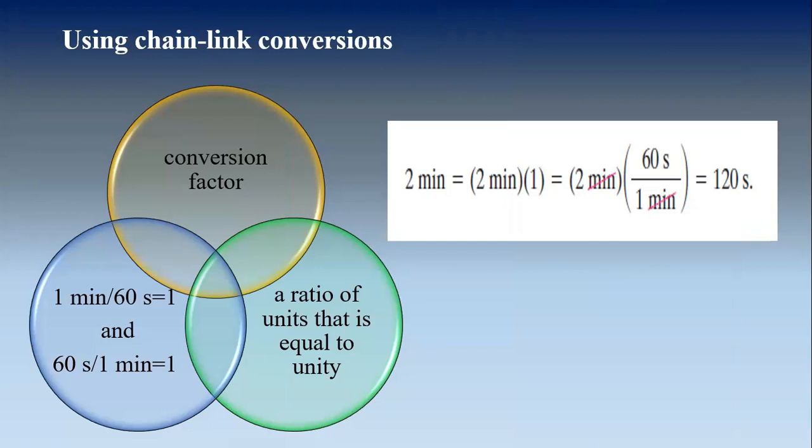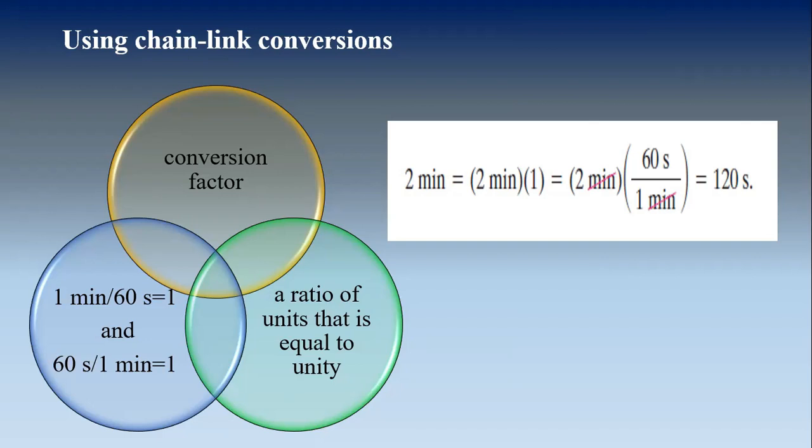Chain link conversions. We often need to change the units in which a physical quantity is expressed. We do so by a method called chain link conversion. In this method, we multiply the original measurement by a conversion factor. A conversion factor is a ratio of units that is equal to unity.